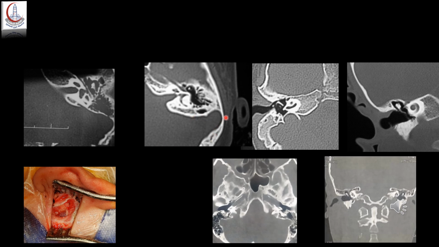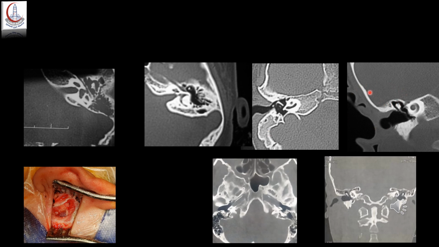Again, the same thing, the sigmoid sinus is very superficial, and if the surgeon is not aware of this, he or she may injure the sigmoid sinus very simply during drilling. Again, a very sclerosed mastoid with no landmarks and no space for drilling and for access through the posterior tympanotomy.